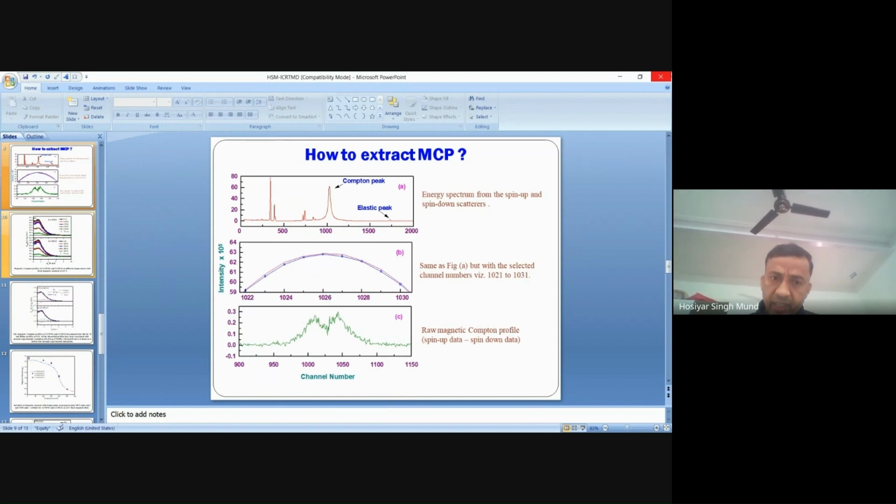If we take the difference between both, then we find the magnetic Compton profile, which is shown in graph C. It means this peak, or the channel number between 1000 to 1500, nearly shows the spin electrons, and further on both sides, left and right, shows the core electron behavior in the Compton profile.